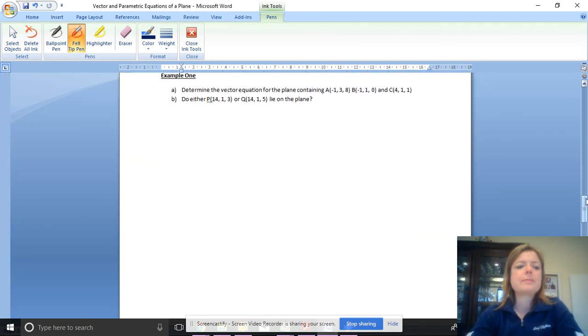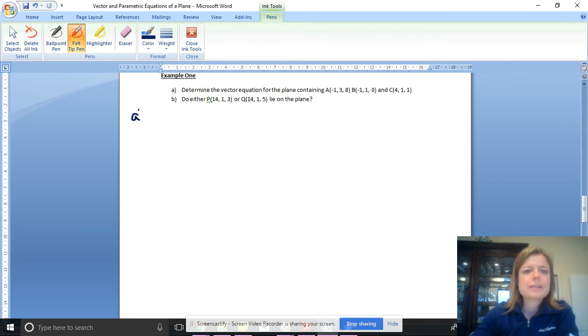All right, so let's do some examples, and hopefully this helps clear up any confusion you might have at this point. So here's a plane. It contains these 3 points. Recall that we need 2 direction vectors and a point. We have 3 points, and actually we can choose any of those 3 as our point, but we need to create 2 direction vectors first.